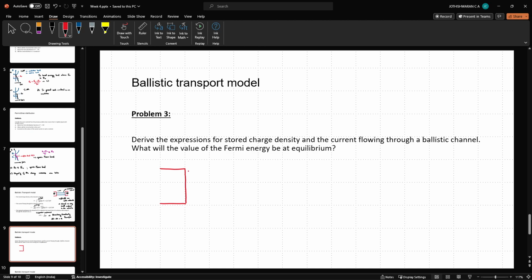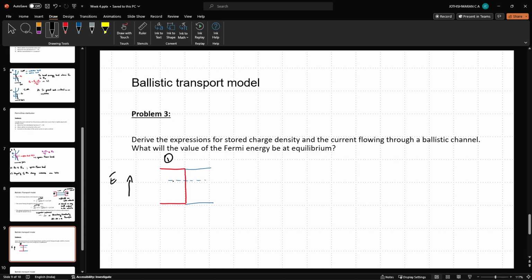So first, now this is not a material diagram, this is an energy diagram. So we have region 1, and the axis here is energy.